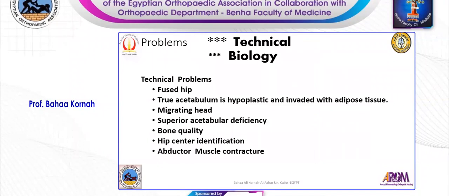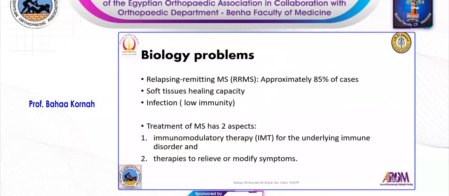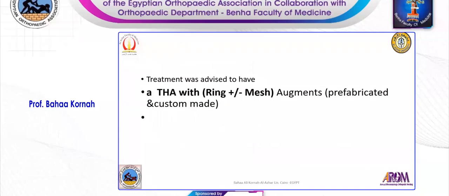So the problem here is technical and biological. Technical: you have a fused hip, acetabular location, very difficult migration of the head, severe acetabular deficiency, bone quality, hip center identification, abductor muscle contraction. Biological: relapse can occur, soft tissue healing capacity, and infection, low immunity. Treatment has 2 aspects: immunomodulator and therapy to modify the symptoms.